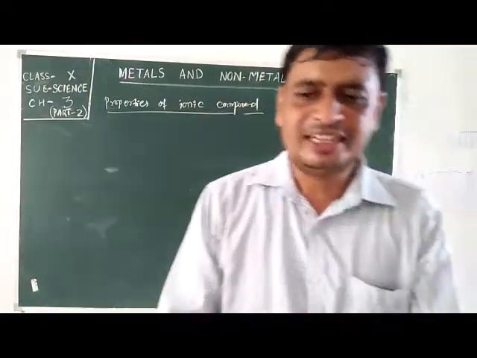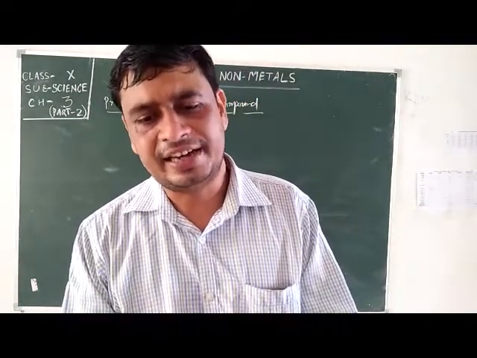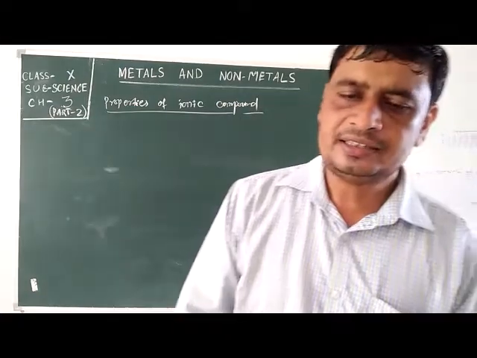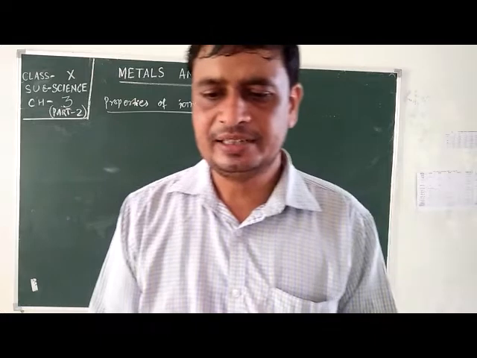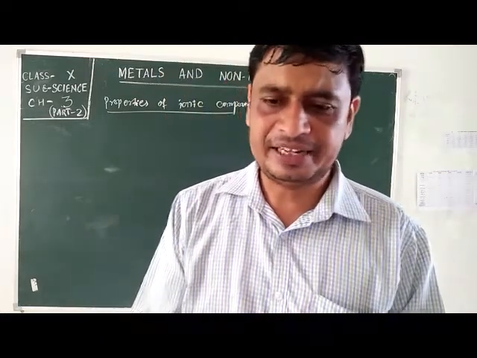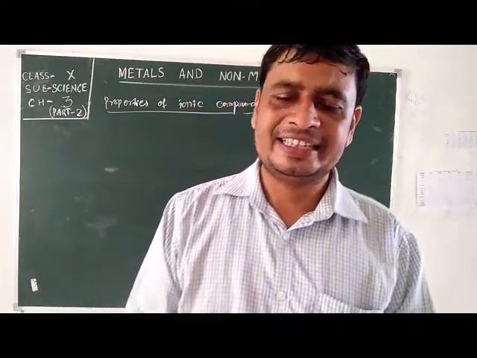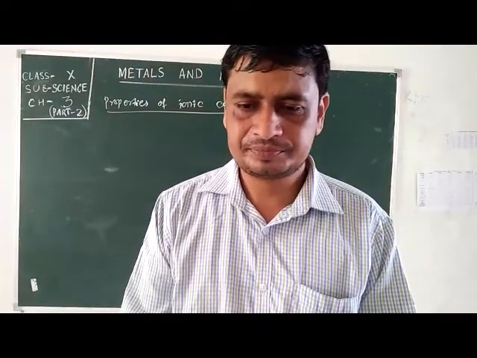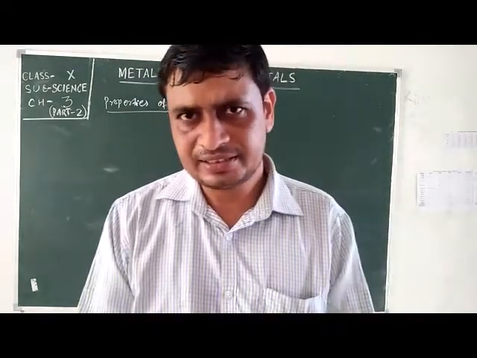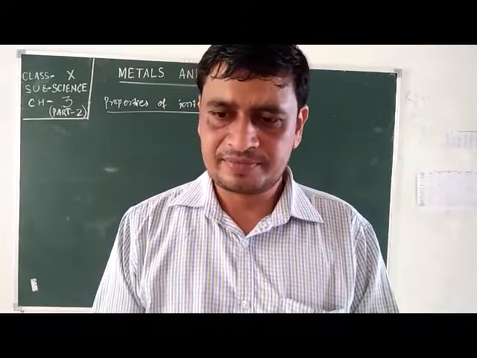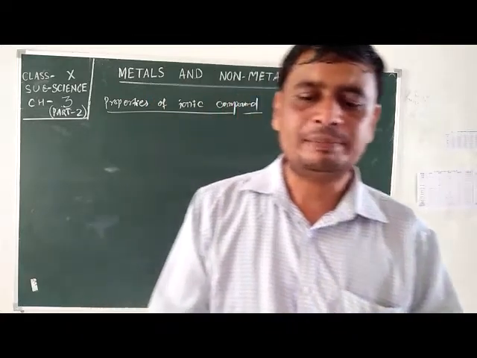Next, melting and boiling points of these ionic compounds are generally high. It is for the same reason, the strong force of attraction between the positive and negative ions. Next, ionic compounds are generally brittle in nature. When we hammer it, we get powder, and it breaks into pieces when pressure is applied.